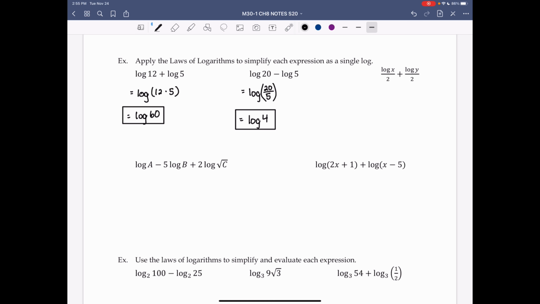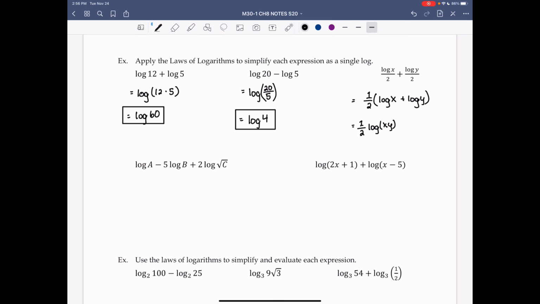Log x over 2 plus log y over 2. We can factor out 1/2. Then we have 1/2 times log x plus log y. Log x plus log y, that's the product rule. We can write that as 1 log. We get 1/2 times log of the product xy. And then we have a coefficient in front of the log.